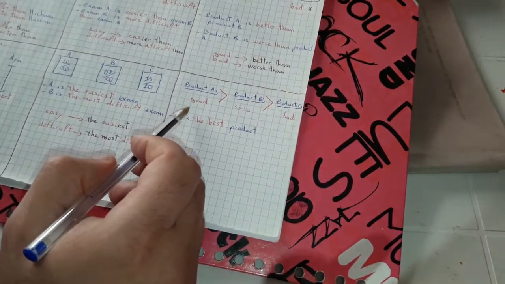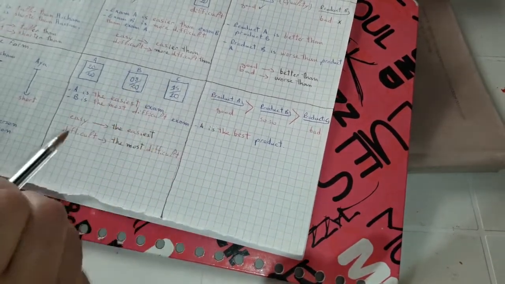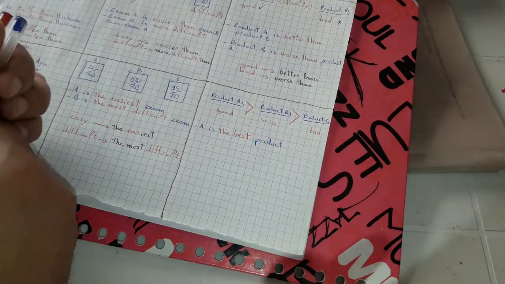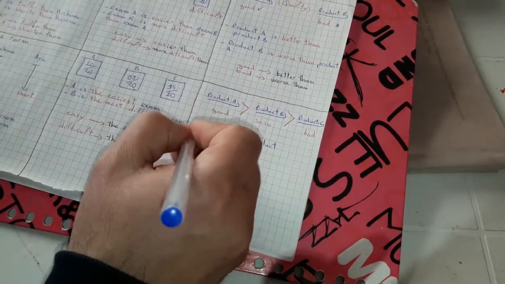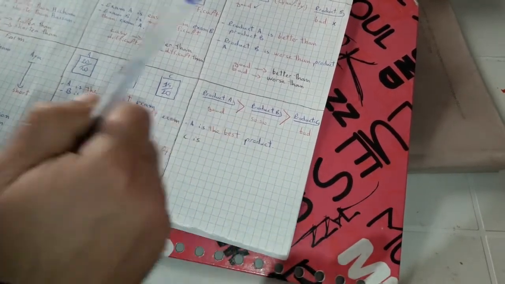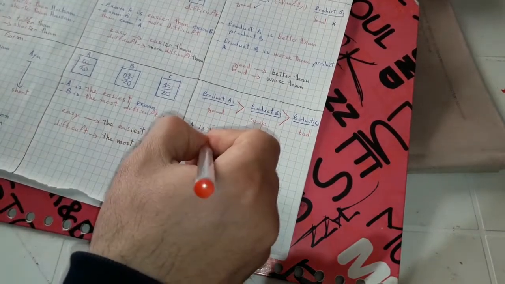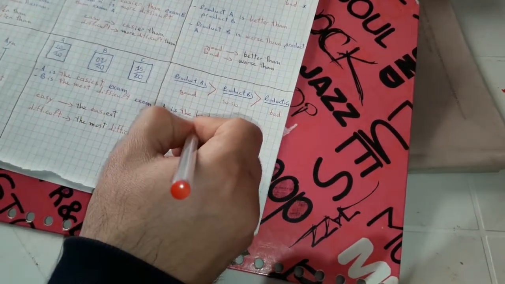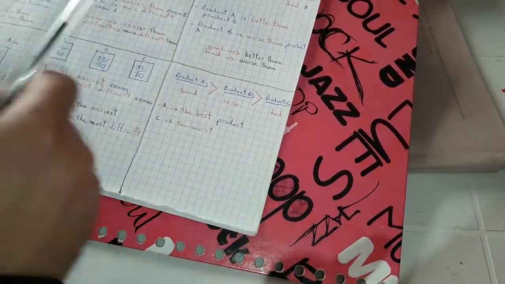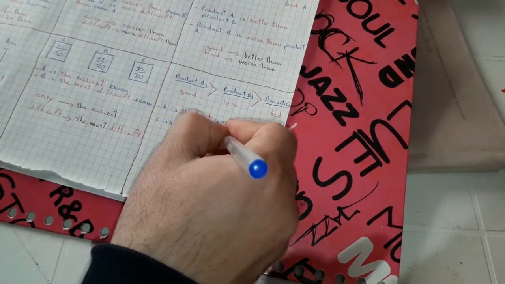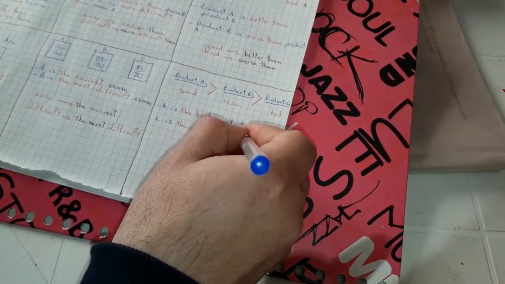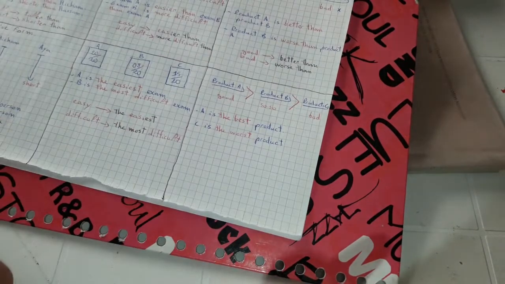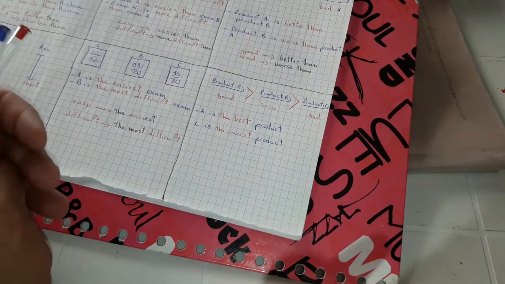A is the best product because A is the first. Next, C is the worst product because it is the last, so it becomes the worst.